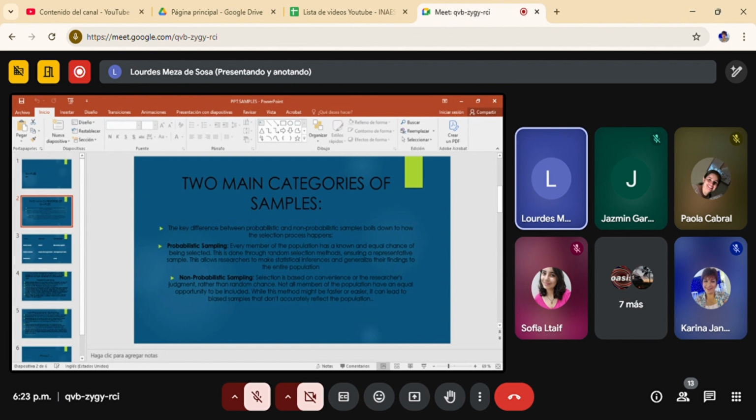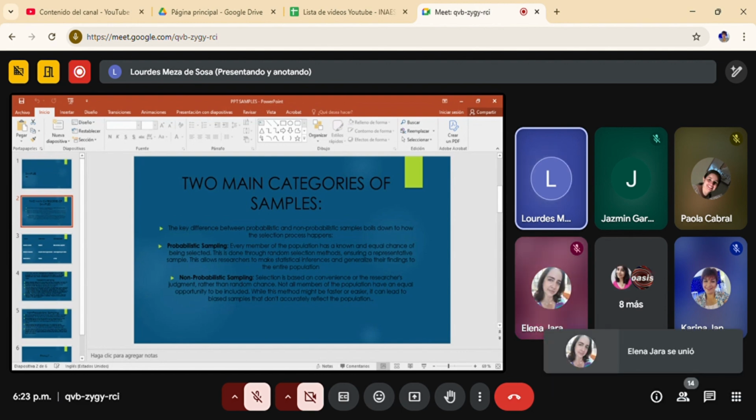So if I want to open a place and I said, okay, I'm going to open this fast food place. So I'm going to ask anybody if they would like to have hamburgers or if they would like to have lomitos or hot dogs, for example, right?